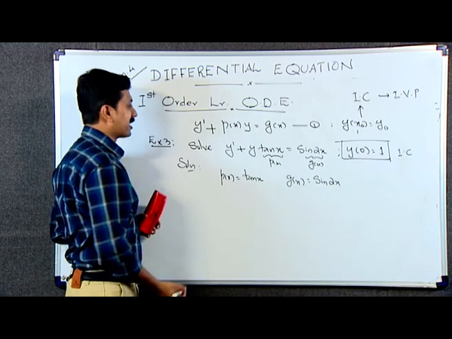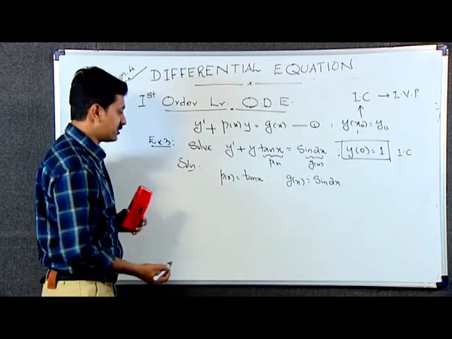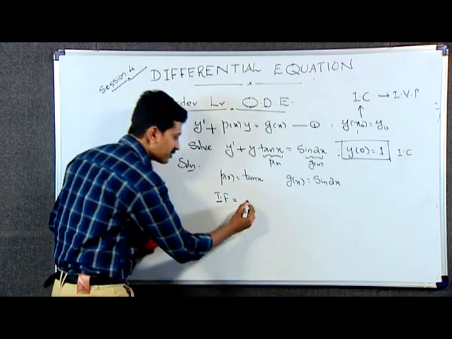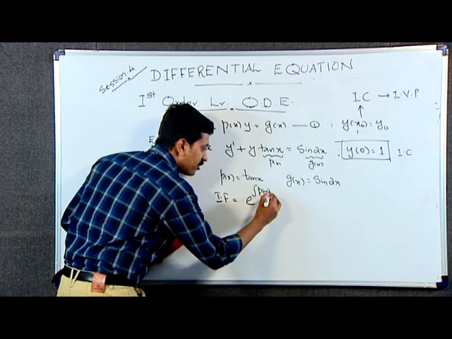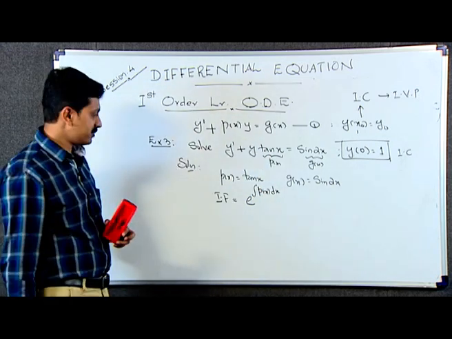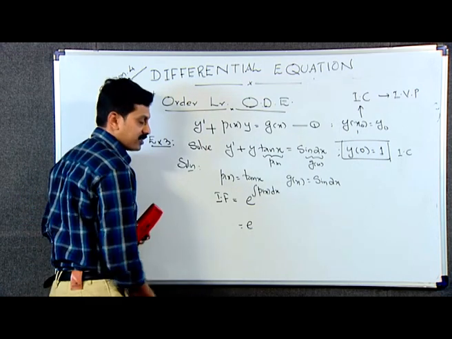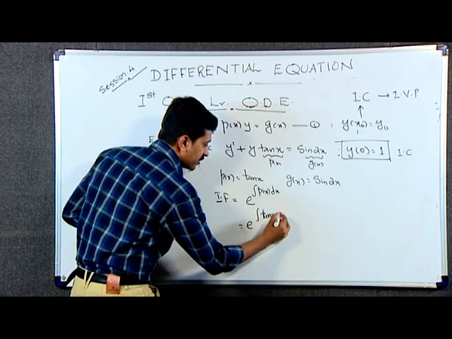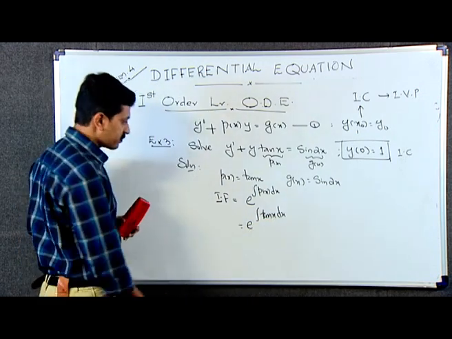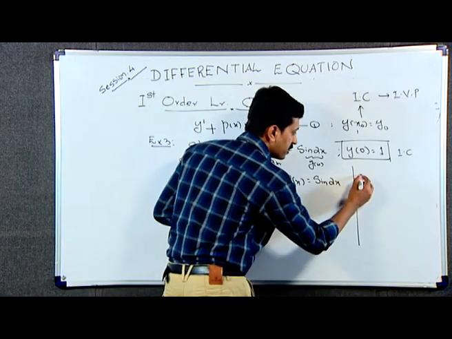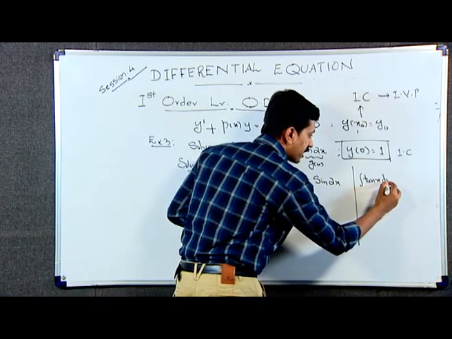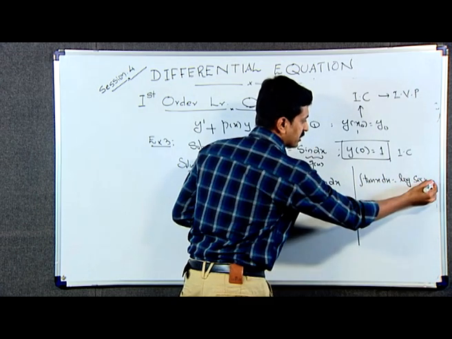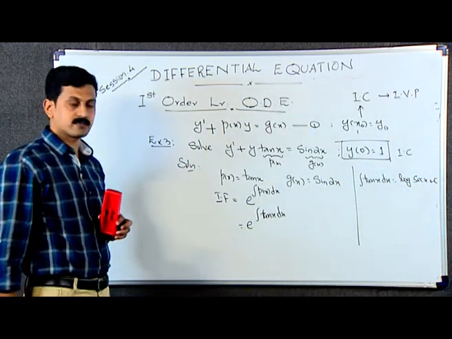We have to find the integrating factor to solve this differential equation. To find the integrating factor, we have the formula: integrating factor = e raised to the integral of p(x) dx, which is e raised to the integral of tan x dx. The integral of tan x dx is log|sec x| + c.